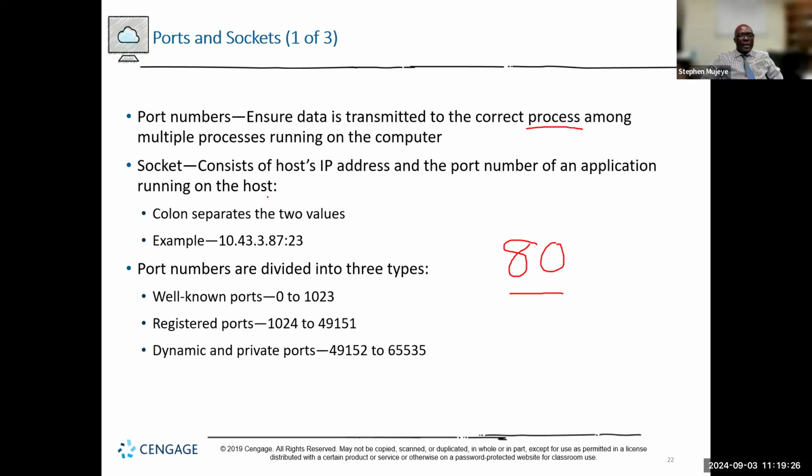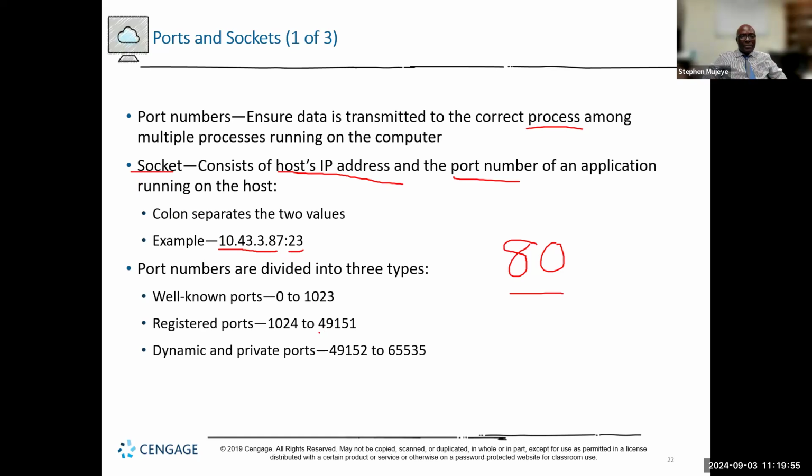Then there is a socket, which consists of a host IP address. We have identified IP addresses, and then you put that together with the port number. That gives us what is known as a socket. This is an example of a socket. The first part is an IP address, and you combine it with port number 23. So that's an example of a socket.